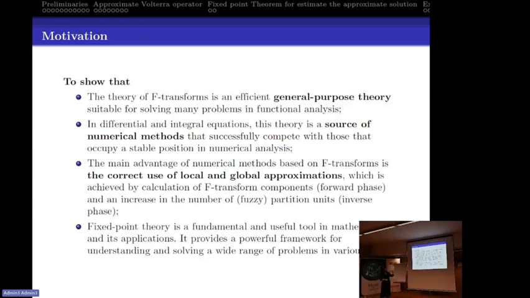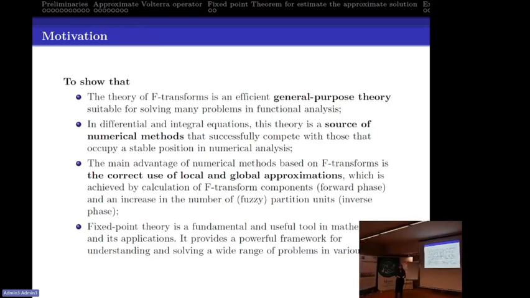And today I want to introduce you to a new application of Fourier transform in the mathematical area, such as integral equations. We have successfully applied fuzzy transform to simpler integral equations such as the Fredholm equation and also the Volterra equation.